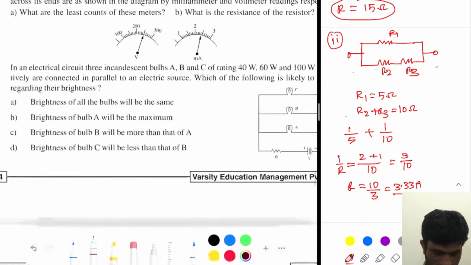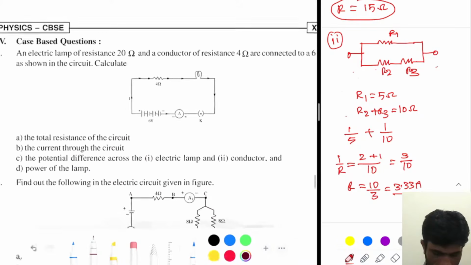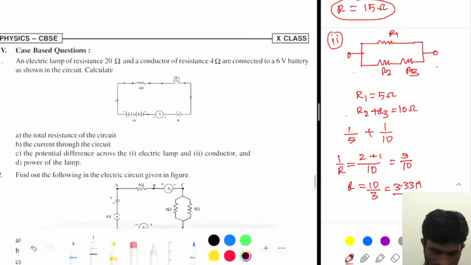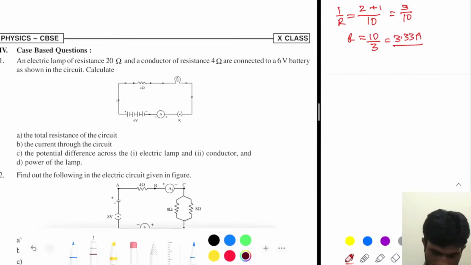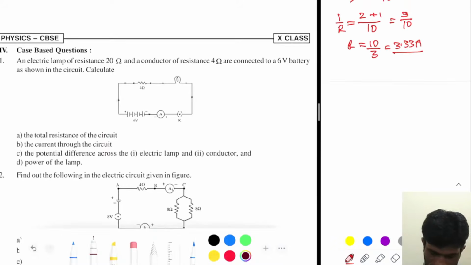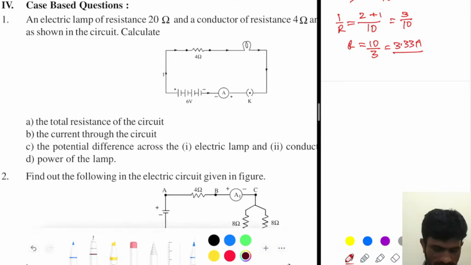Let's see these questions again. This is case study question, first one. In the first case study question, they are asking to find the total resistance of the circuit.